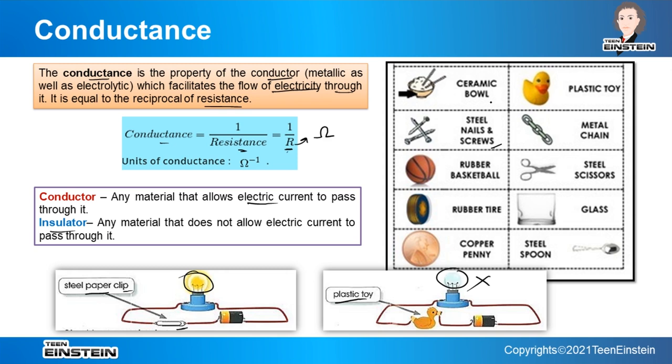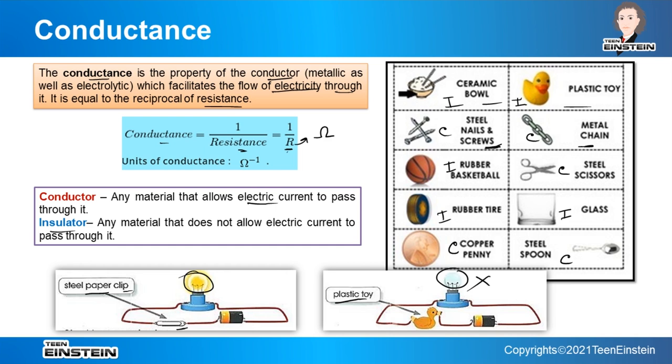Here we have ceramic bowl, plastic toy. This is metal, so this will be a conductor. This is an insulator, this is an insulator. This is a conductor, this is an insulator, conductor, conductor. So we have different examples here.